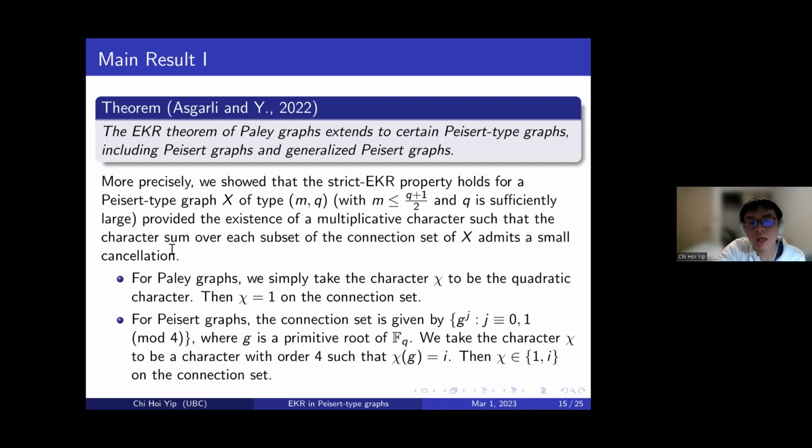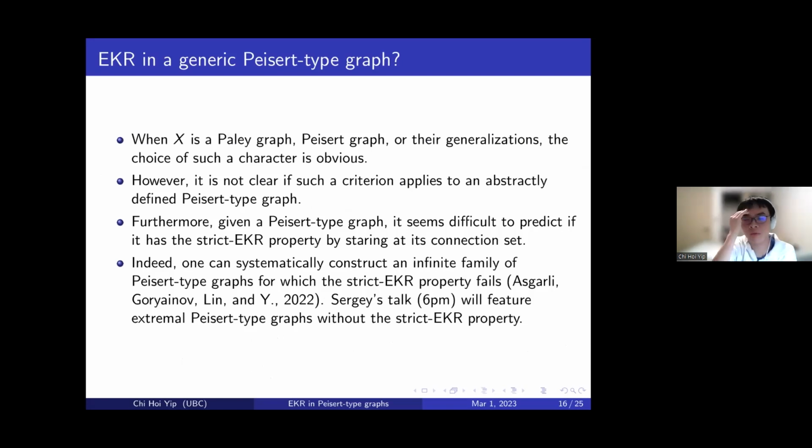So if we take a character chi such that the image of chi on the connection set contains, for example, both 1 and -1, then this condition is of course false. So that means we have to take the character chi very carefully. In general, given a generic Peisert type graph, there is no way that you can do that.